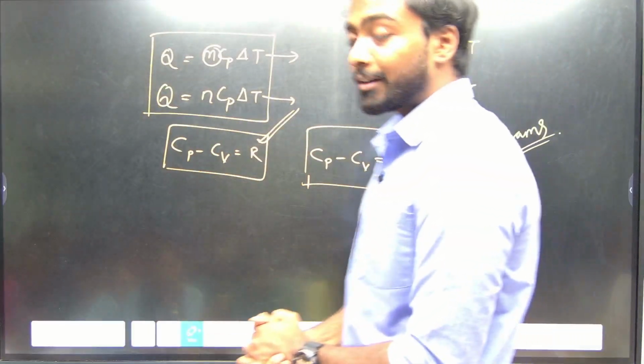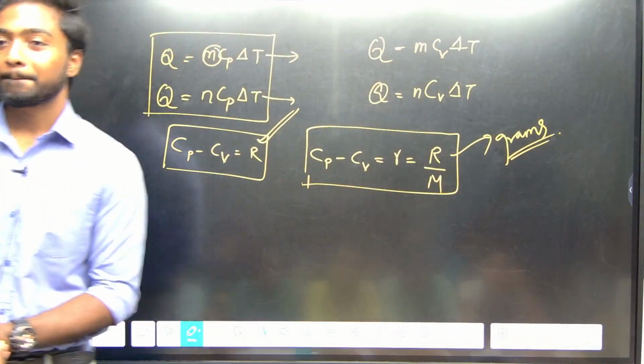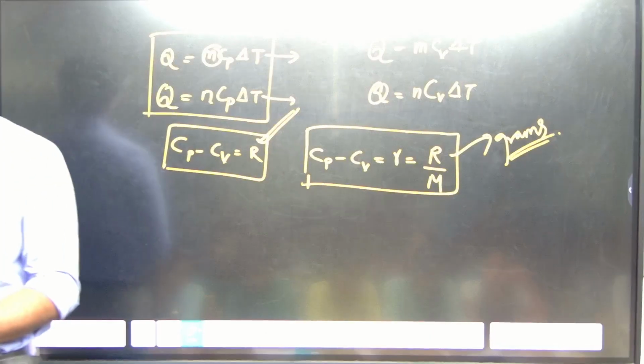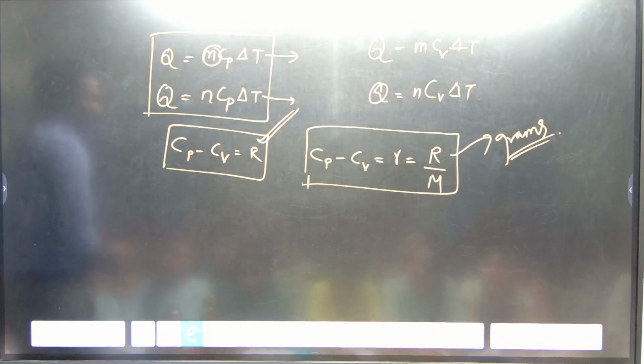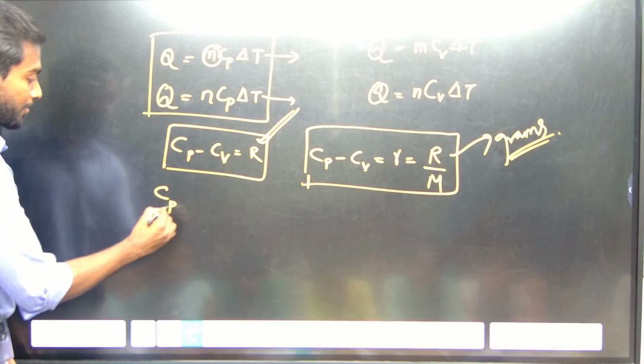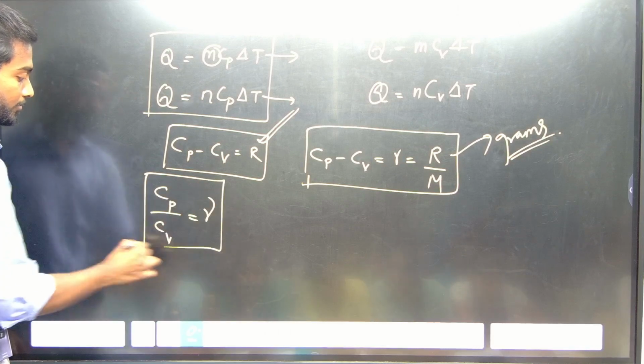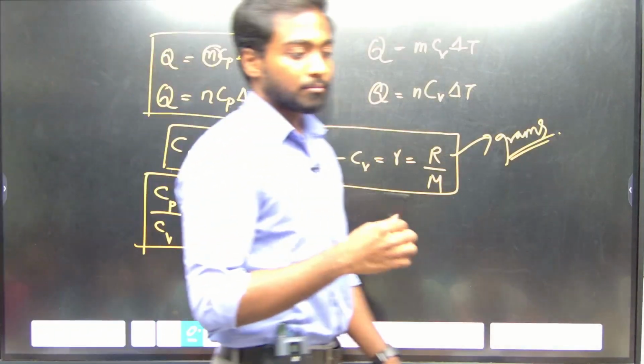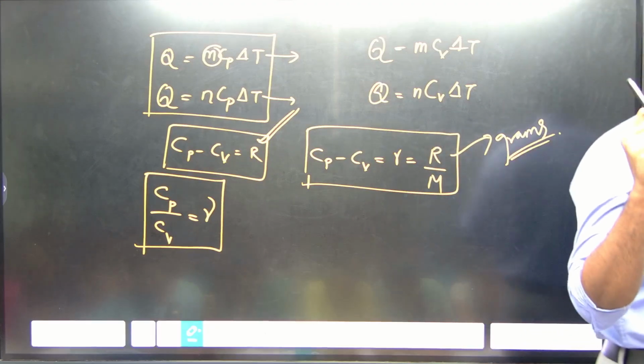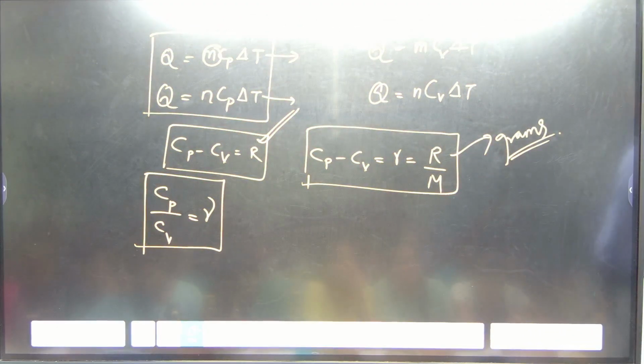What is the other relation, in terms of gamma? Cp by Cv is equal to gamma, the adiabatic constant.